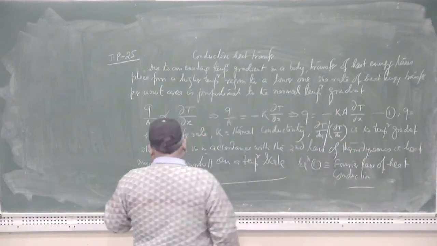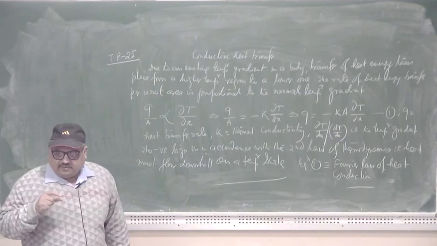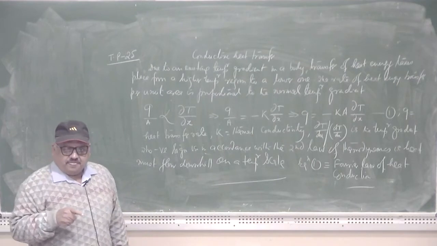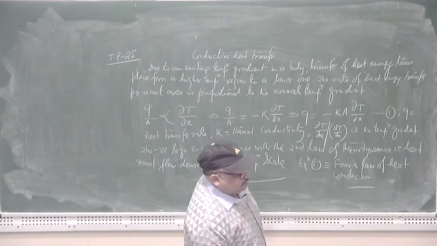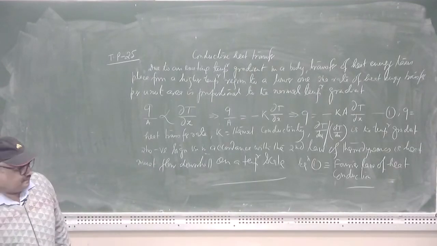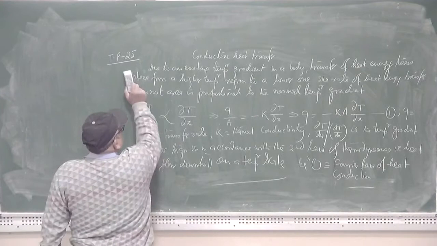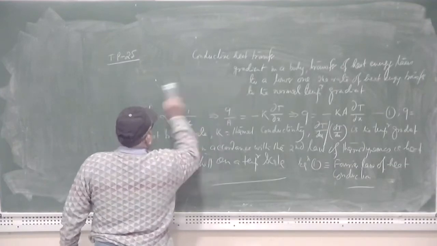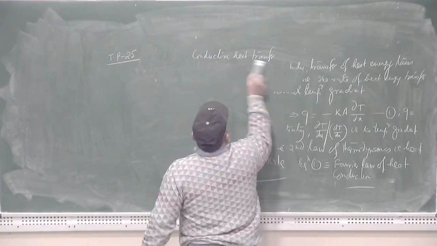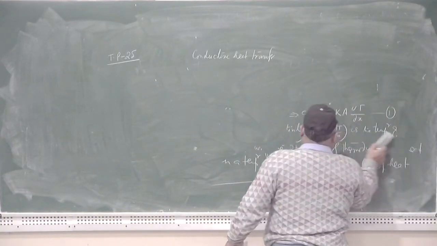Here, the first important quantity which often comes up in the various cases of heat transfer is the thermal conductivity. So, our next task should be how this thermal conductivity can be defined. Taking equation number 1, you can easily elucidate what the definition of K should be.